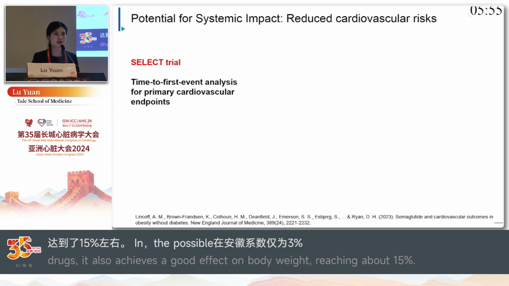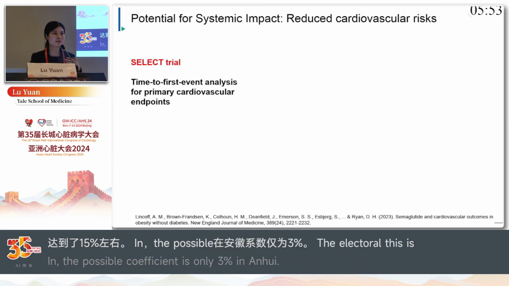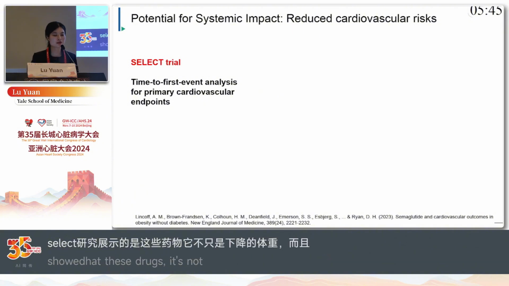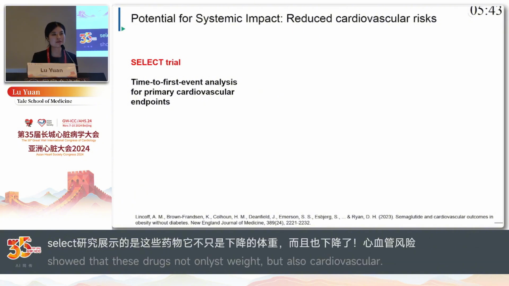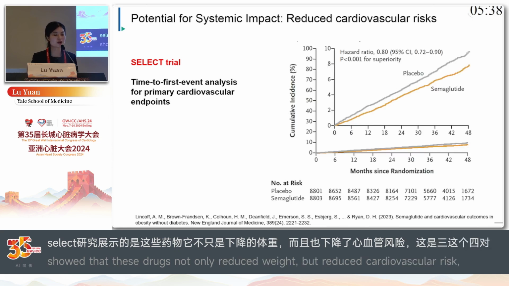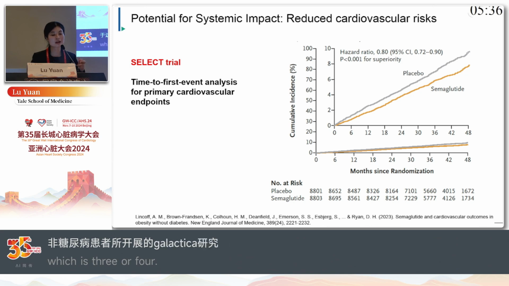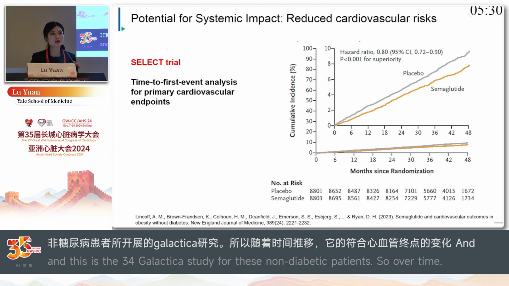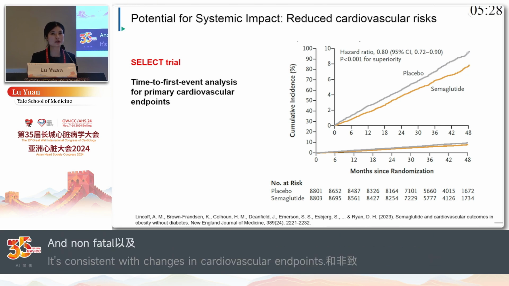And the SELECT trial, what is promising here is that these drugs not only reduce weight, but also reduce cardiovascular risk. This is the SELECT trial focusing on people without diabetes, showing the time to event for the primary cardiovascular endpoint. This is a composite endpoint combining death from cardiovascular disease, non-fatal coronary heart disease, and non-fatal stroke.